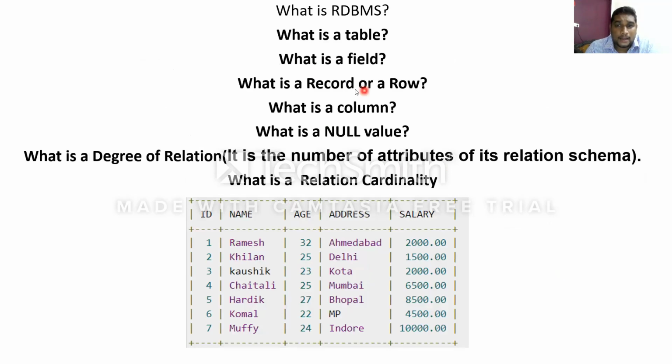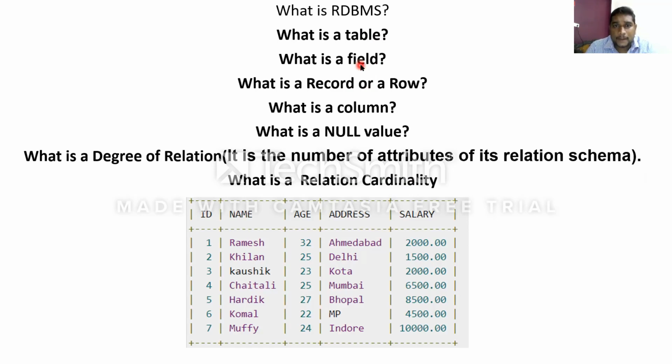Next, coming to our topic, the relational database management system, we have various terminologies: table, field, record or row, column, null value, degree of the relation and cardinality. A table is a two-dimensional structure which consists of rows and columns.